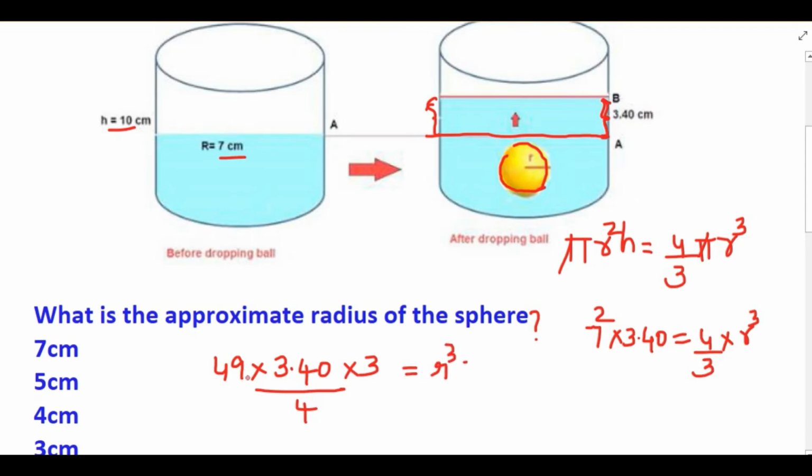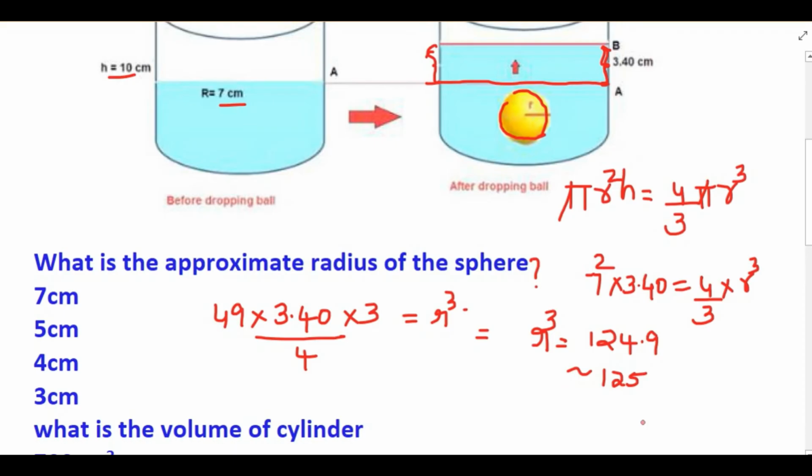So when you simplify this, you will be getting r cube as 124.9, which is approximately equal to 125, and r is cube root of 125. Cube root of 125 is 5 centimeter. They have asked approximate. So the radius of the sphere is 5 centimeter.